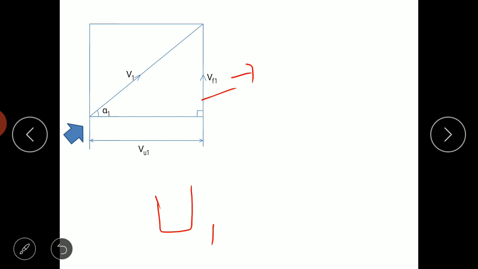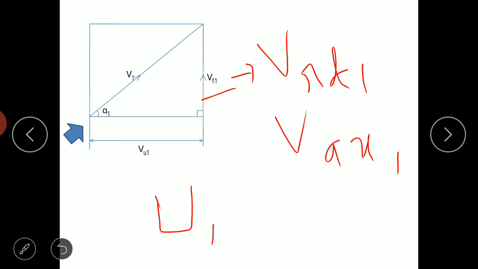Vf1 is sometimes called Vrd1 and sometimes Vax1. This Vrd1 can also be called the radial component or meridional component. Different authors use different notations. Vax1 is the axial velocity component. If it is an axial flow turbine, we will have Vax1. If it is a radial flow turbine, we will have Vrd1.